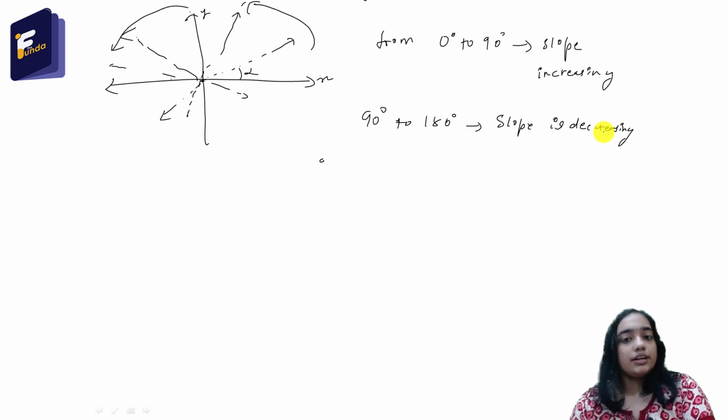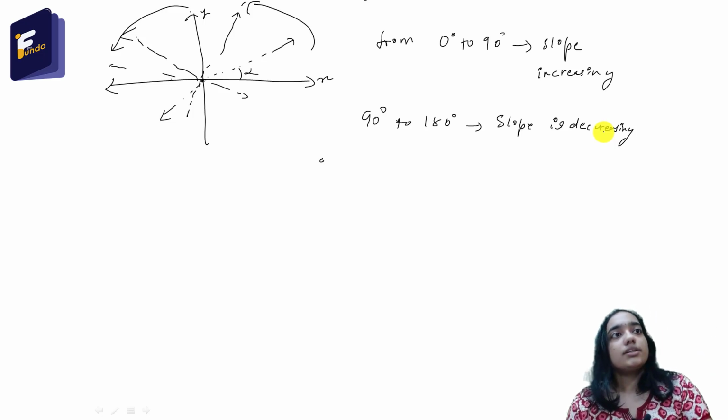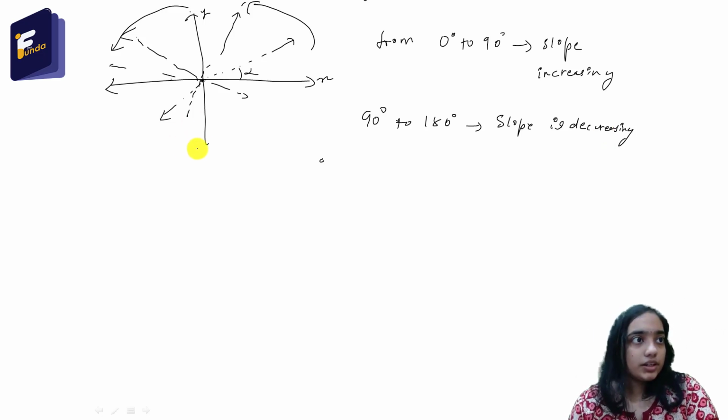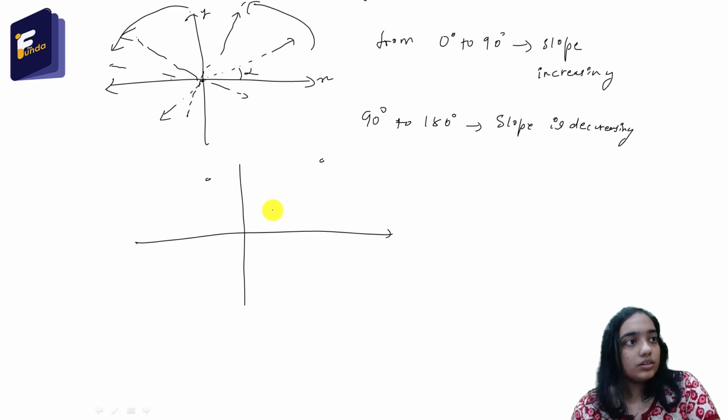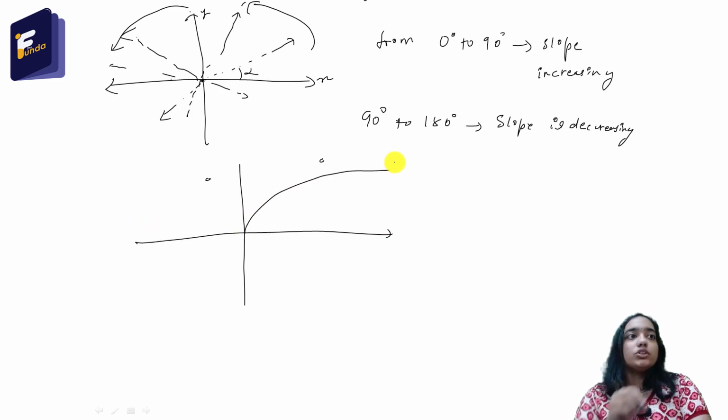So there is a trick to see whether the slope is increasing or decreasing. You don't have to always connect it to 0 to 90 degree or 90 to 180 degree. There is a trick. If it is a curve, this is the curve, and I have to tell whether the slope is decreasing or increasing.